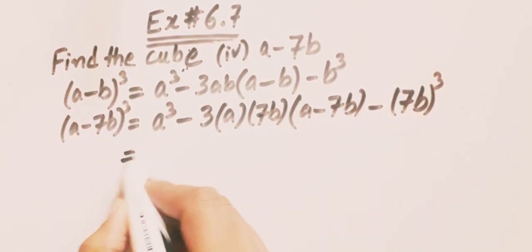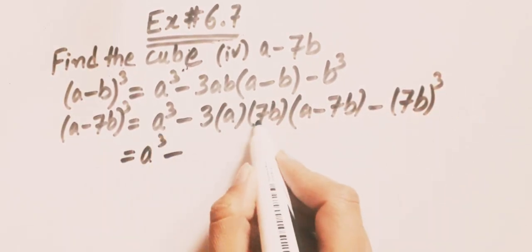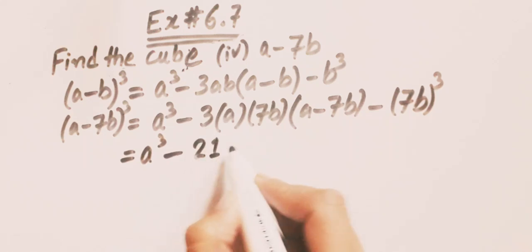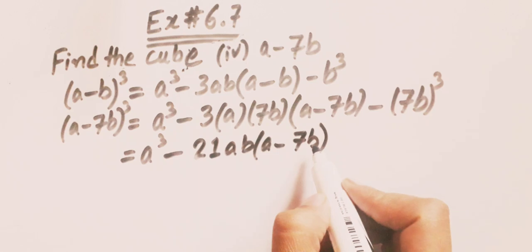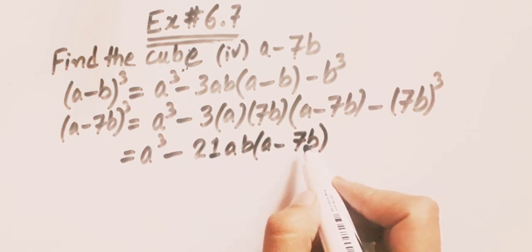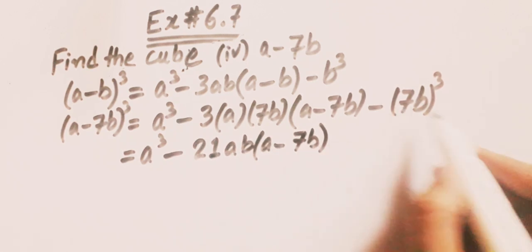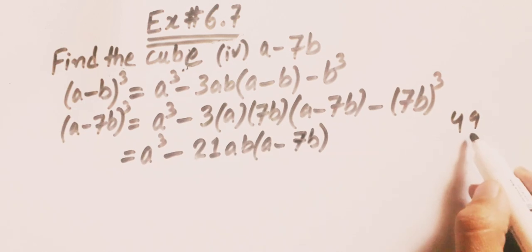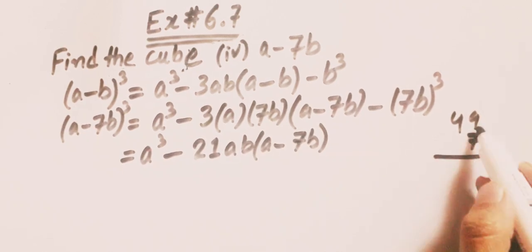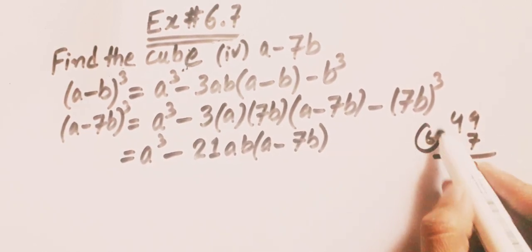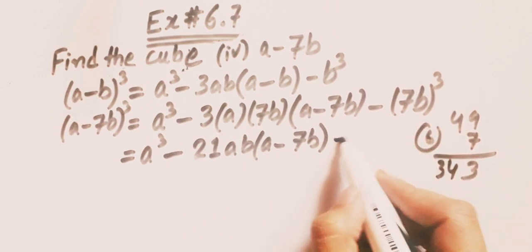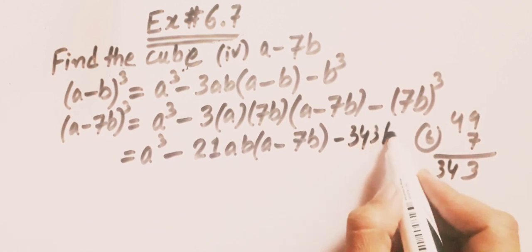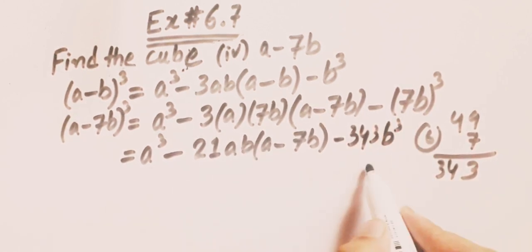Now a cube minus 7 into 3 is 21, ab into a minus 7b, and 7 into 7 is 49. You will multiply 49 by 7. You will get 343. So minus 343b cube. This is the answer.